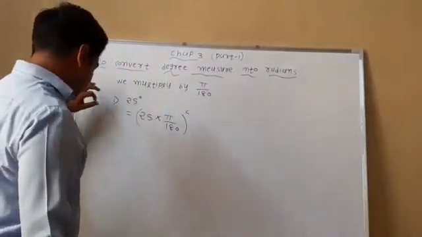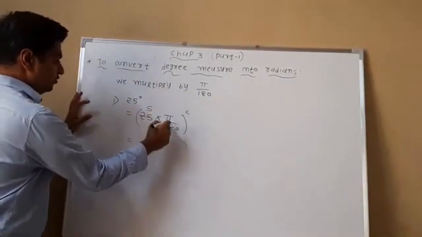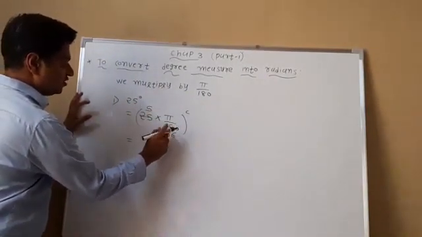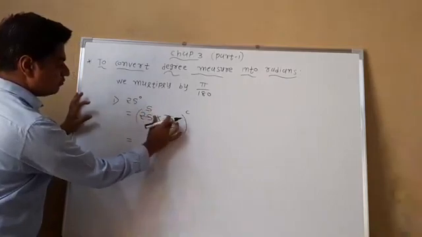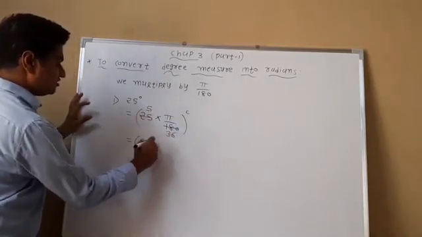So now simplify this term. Here cancel out by 5 and here cancel out by 5. So the remaining term is 5 pi by 36 radian.